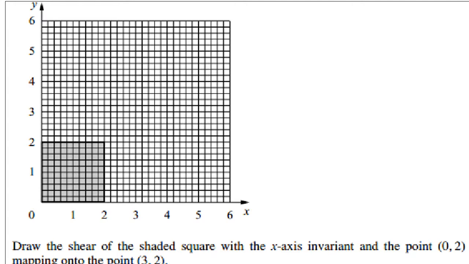Now, this is in two parts. It is from an actual exam question, an IGCSE maths question, and I think it is also used for the IB and O level. We've been asked to displace this shaded region by shear transformation, and the clue is that they want the point 0,2 to move to 3,2.